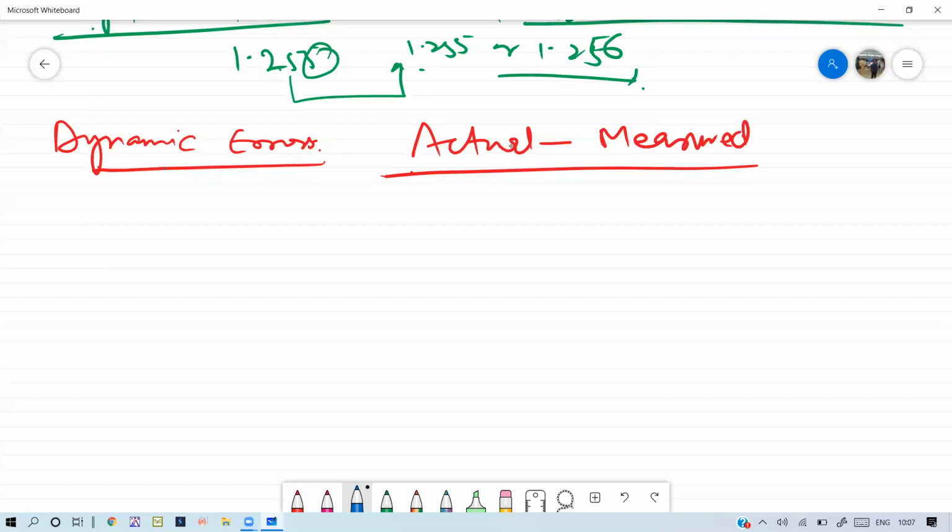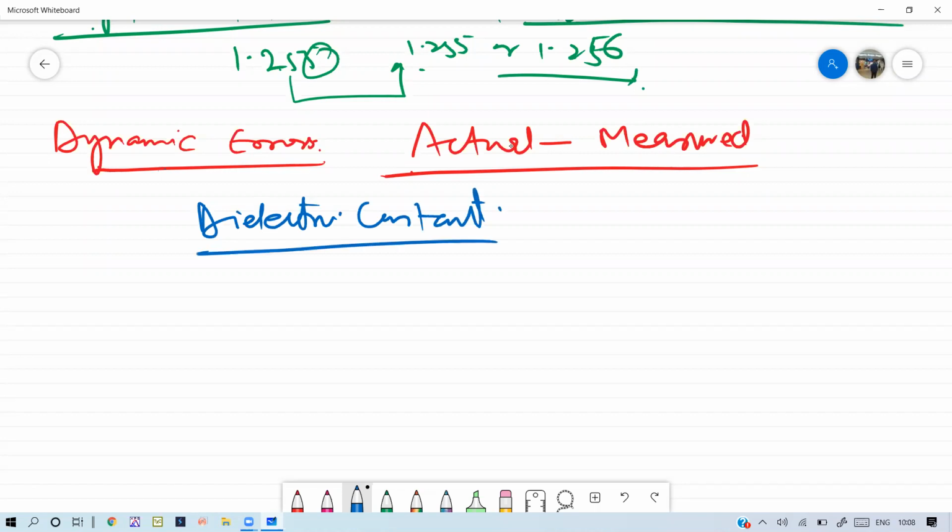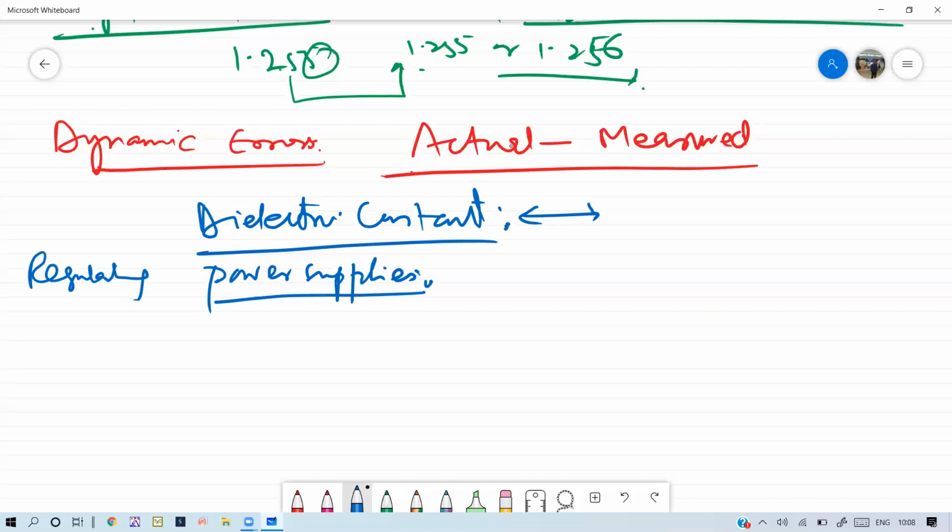For example, you are working on some instrument, for example the dielectric constant experiment. You used those regulating power supplies, if you remember. Why do you use those regulating power supplies? You want to minimize the fluctuations.